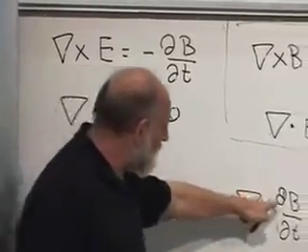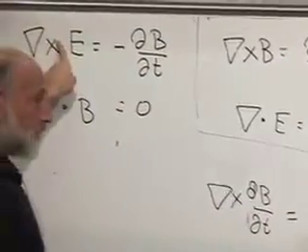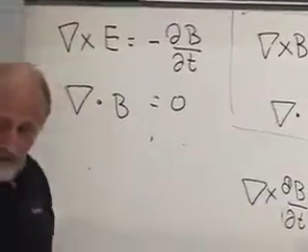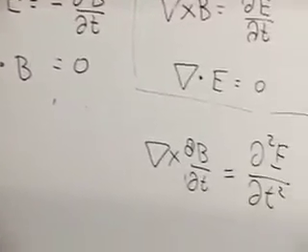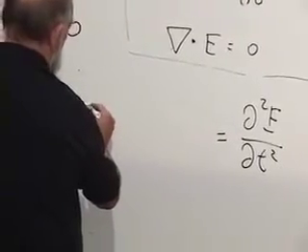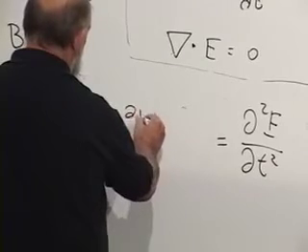So I can be clever and simply get rid of dB/dt here and call it minus the curl of E. Let's first, what was it? It was del cross dB/dt.